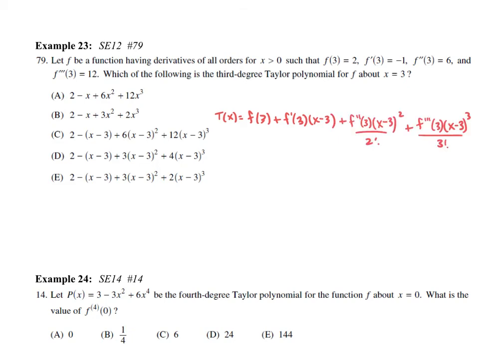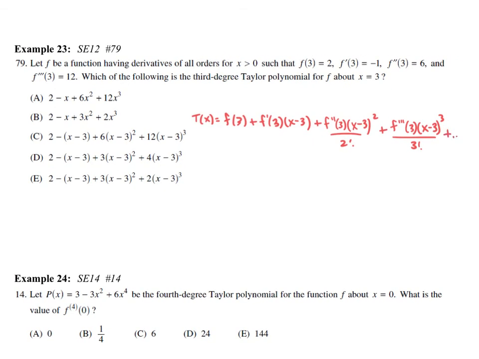All right, so again, this is the general form for that Taylor polynomial centered at 3, and we're going to look at just substituting in all of the values for the function and its first three derivatives into the equation. We have the Taylor polynomial equal to f of 3.